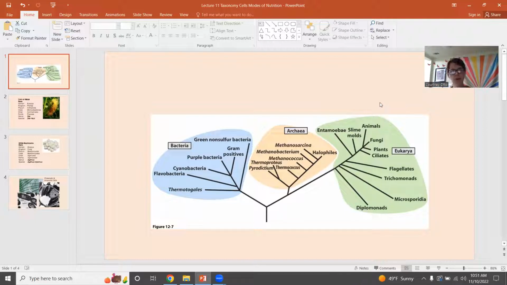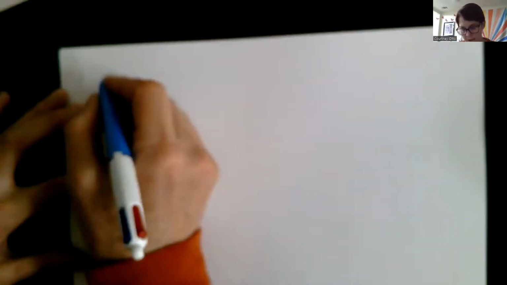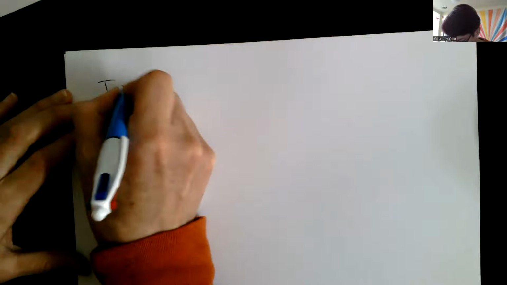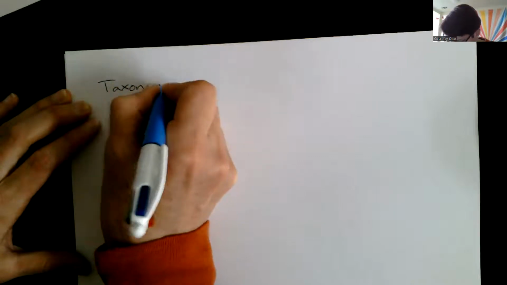Well, one of the ways that we'll understand diversity is by thinking about taxonomy, which is really how we organize life. And this term taxonomy is kind of an obtuse term, I think. I don't think I really understood it until I was in college.